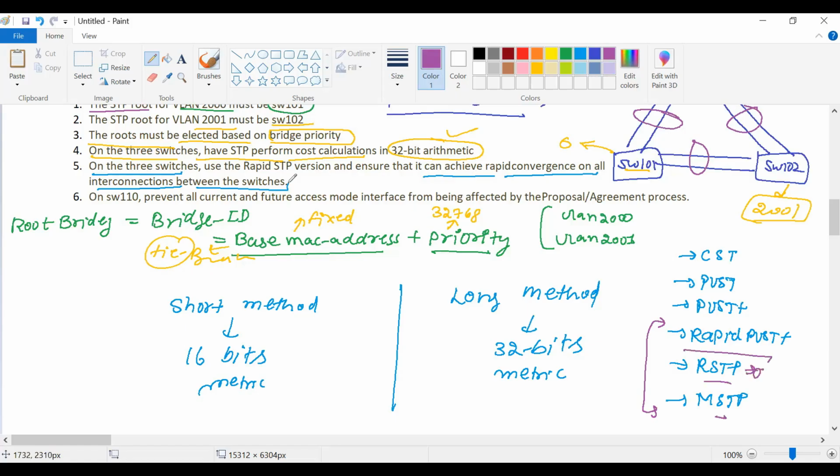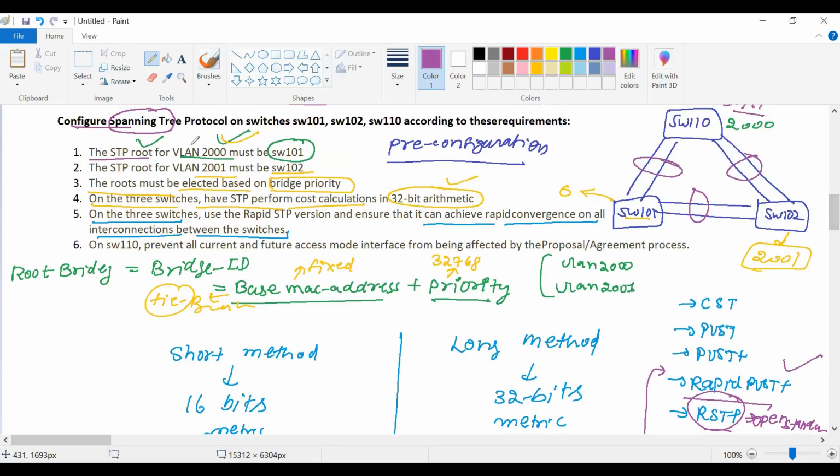Now RSTP is an open standard, and the problem is you cannot enable RSTP on Cisco switches. Now we have only 2 options, either rapid PVST or MSTP. But if you see here, the task is talking about particular VLANs.